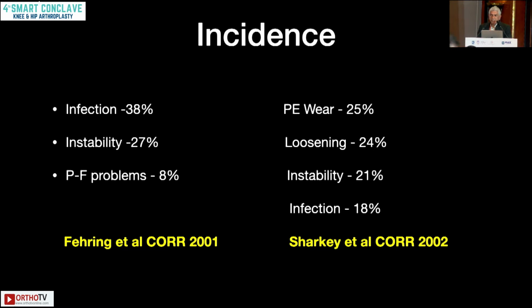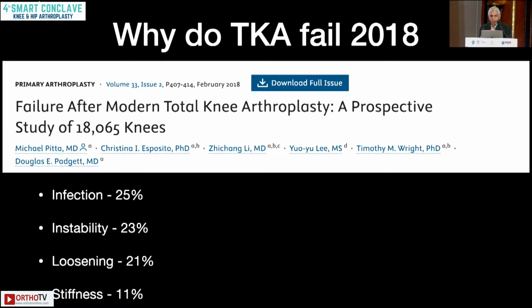So if you see the literature, the incidence of instability in a primary knee is quite something. It is almost 27%, 24%, and then another study, which is quite a huge study published in 2018, says instability is almost 23%.